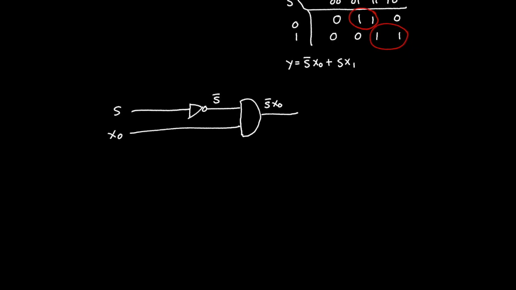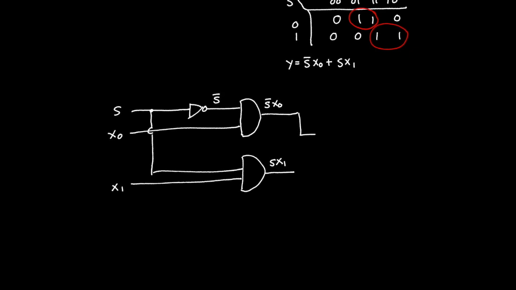And then I would have X1 over here and S. And this expression would be S X1. And here I have an OR gate, and this output here is Y.